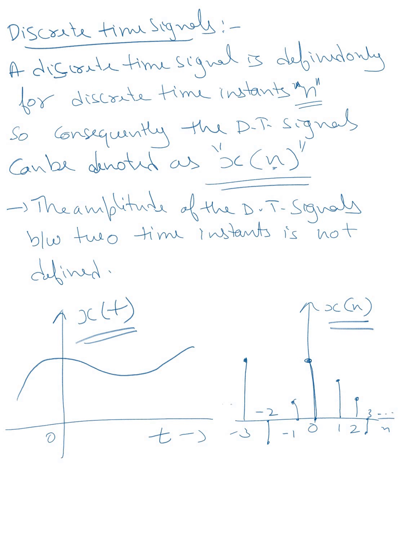The independent variable time t is continuous in nature. That means x of t has a value for all the time instants t, all the infinite time instants. On the other hand, in the case of the discrete time signal x of n, the value of the signal is present only at discrete time instants, that is at -3, -2, -1, 0, 1, 2, 3, and so on. So this is your continuous time signal, and this is the representation of your discrete time signal.